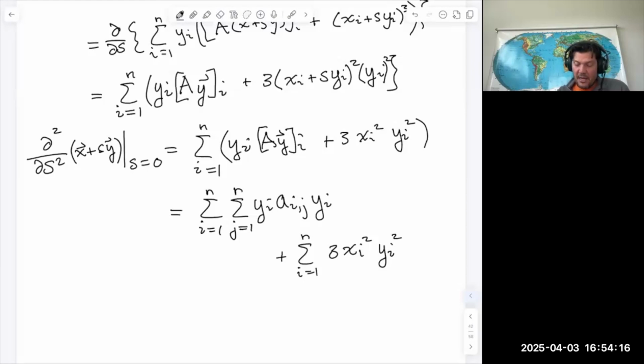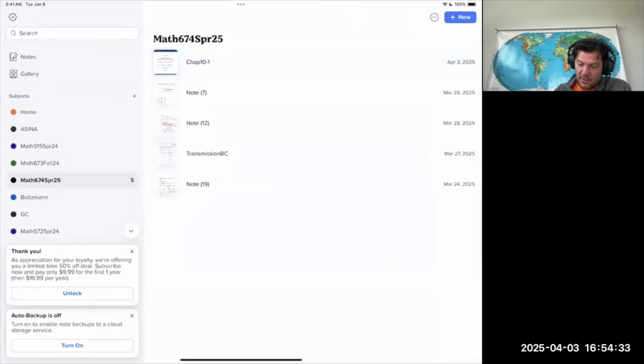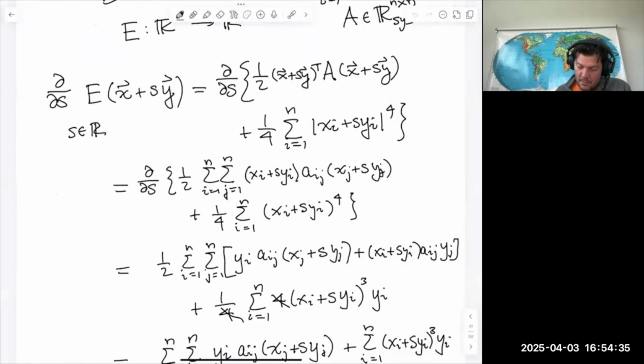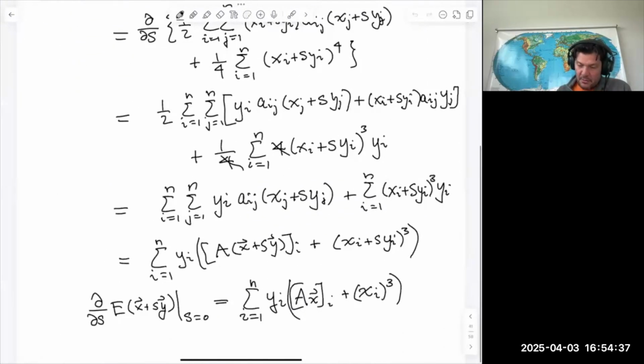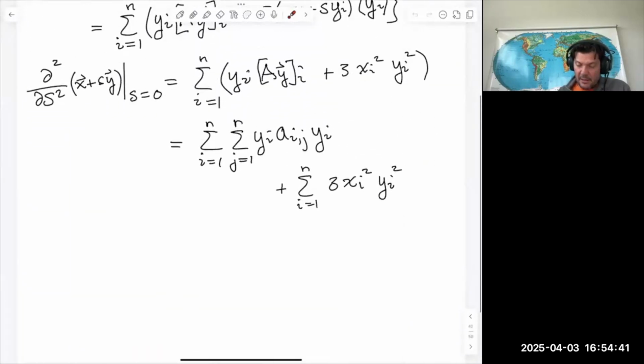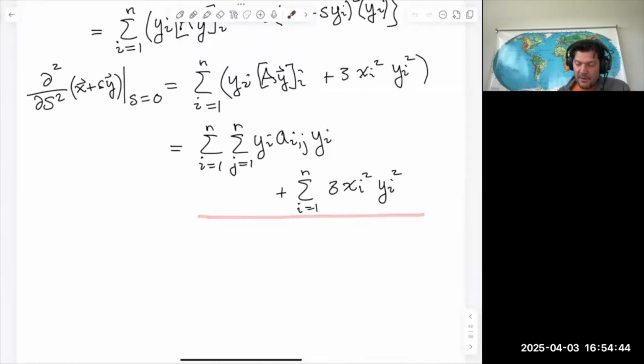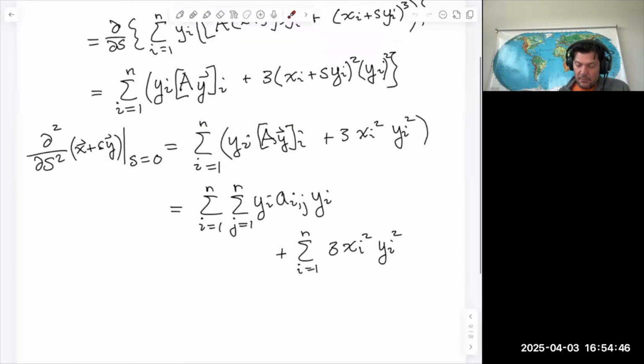But this is the shortcut way of calculating the derivative and the second derivative operators. The first derivative operator I claim can be found from the previous calculation, namely right here. And the second derivative I claim can be found from this calculation, but I'll leave it to you to explore that.